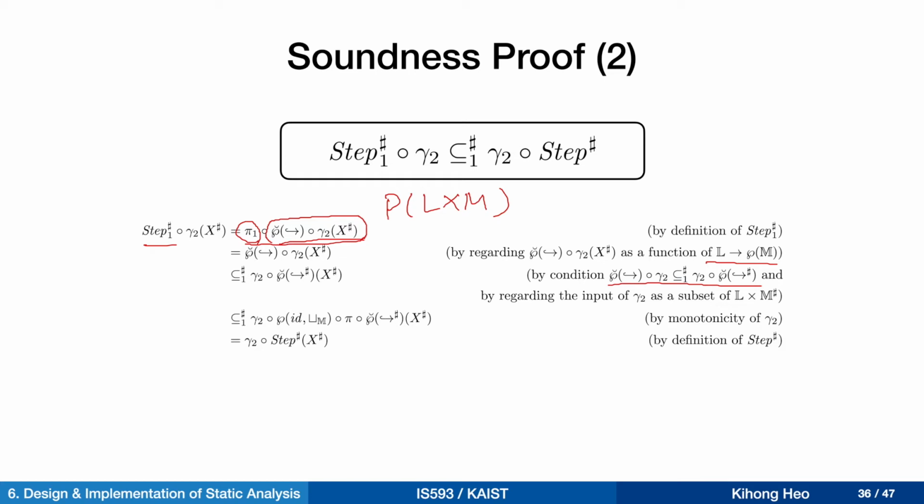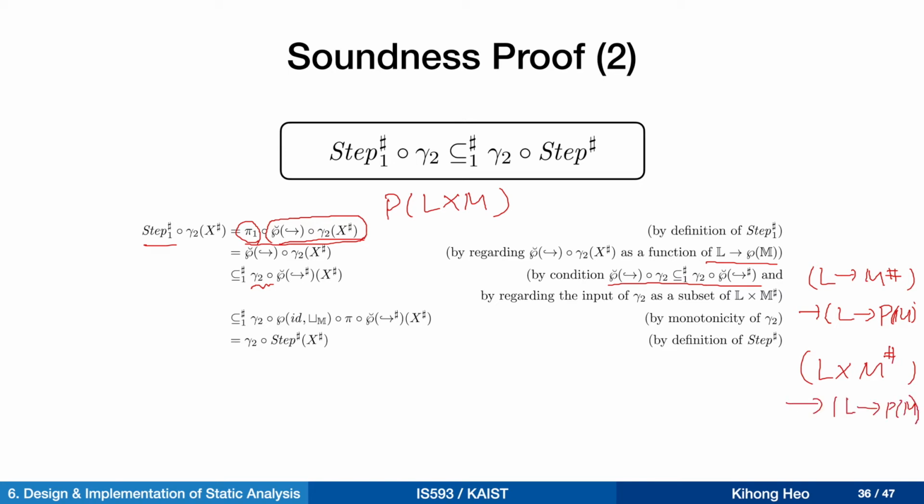And here we regard this gamma 2 function, which originally has this type, the input is this type and the output is M, as a function of this type, P_M.